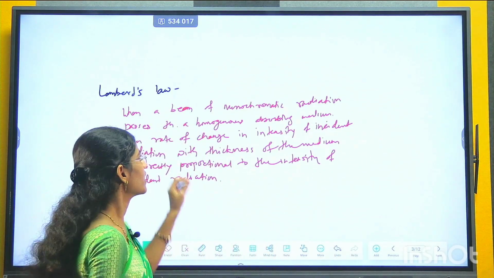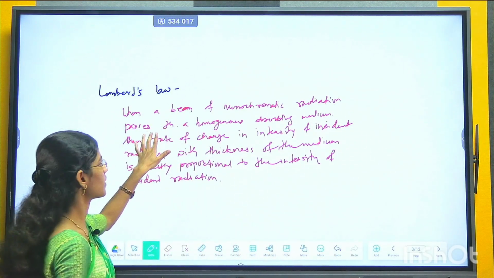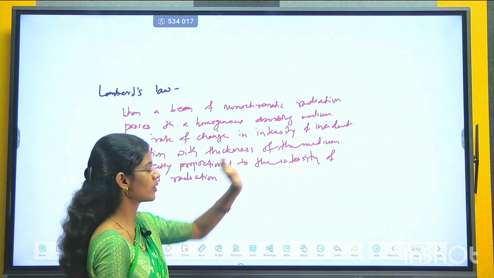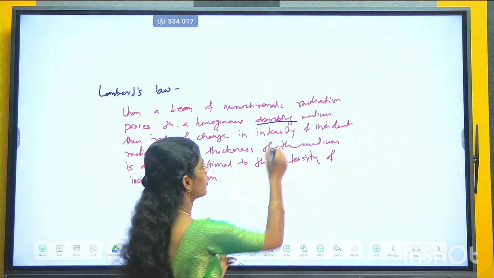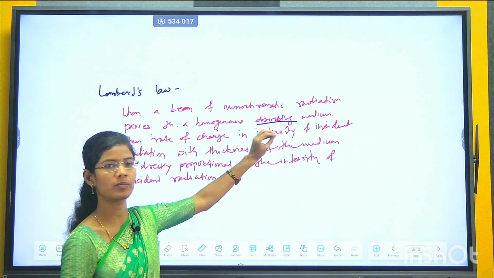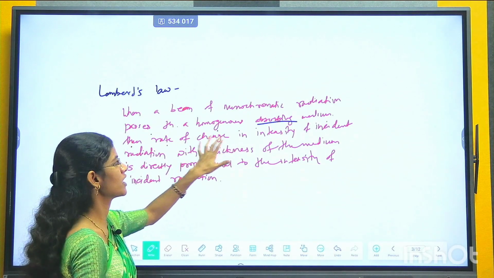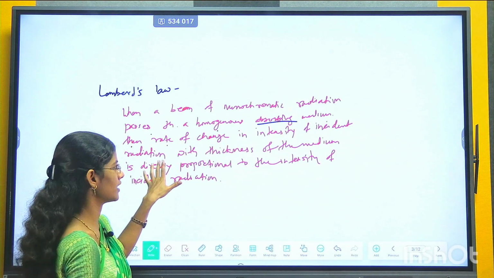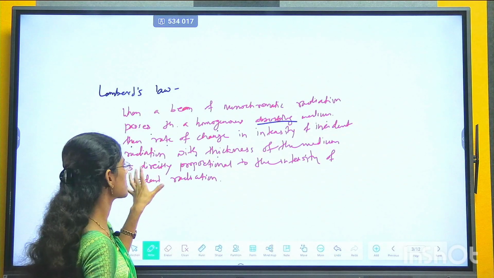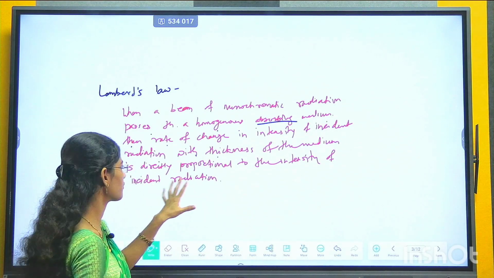When these monochromatic radiations pass through this homogeneous absorbing medium, the word absorbing is important: the medium should be absorbing. Then the rate of change of intensity of incident radiation with thickness of medium is directly proportional to the intensity of incident light.